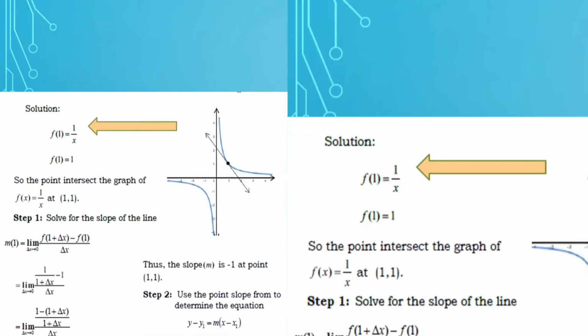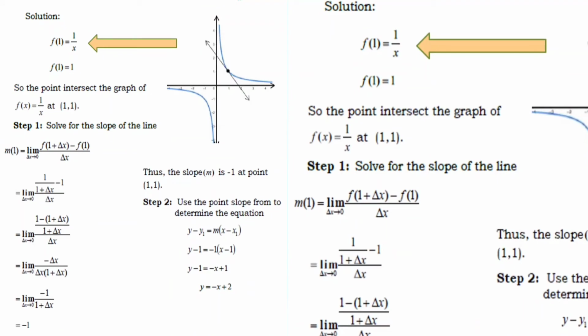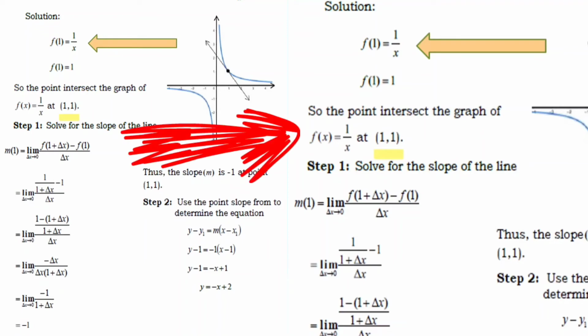So for the solution, substituting the value of x in the given function, the coordinates now are (1, 1). To find the slope, we follow the same steps that we had in the first activity.